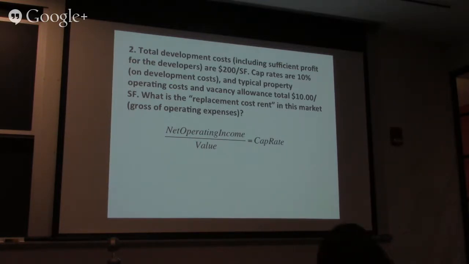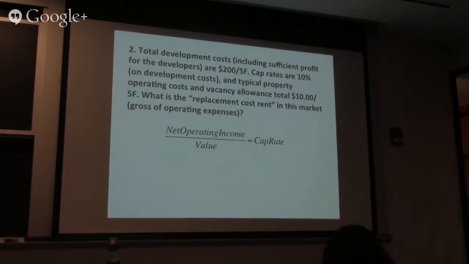All right, so if we work this out, we're given the cap rate, right? So what value do we need to figure out? NOI, exactly. So if our NOI is up top, and our cap rate's at 10%, and our construction costs are $200 a square foot, you invert this formula and you take 10% of 200, which gives you a needed NOI of $20 per square foot.